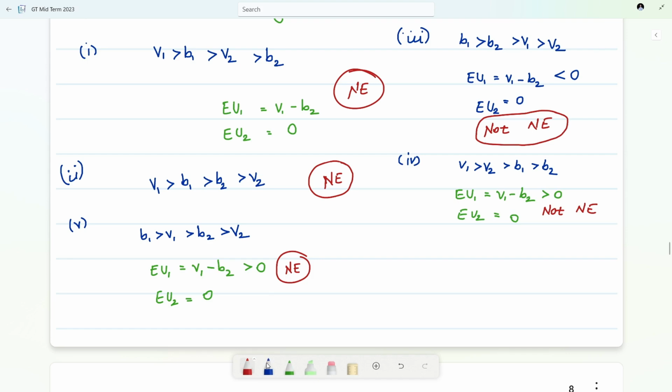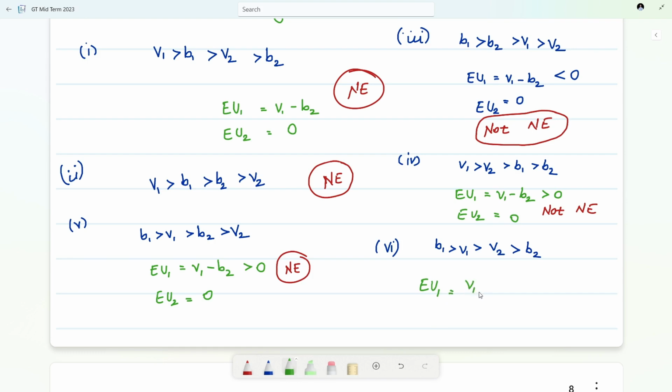Okay, now the last case where player 1 is winning will be B1 is greater than V1 is greater than V2 is greater than B2. Yes, they all are unique, I hope. So expected utility for player 1 will be what?